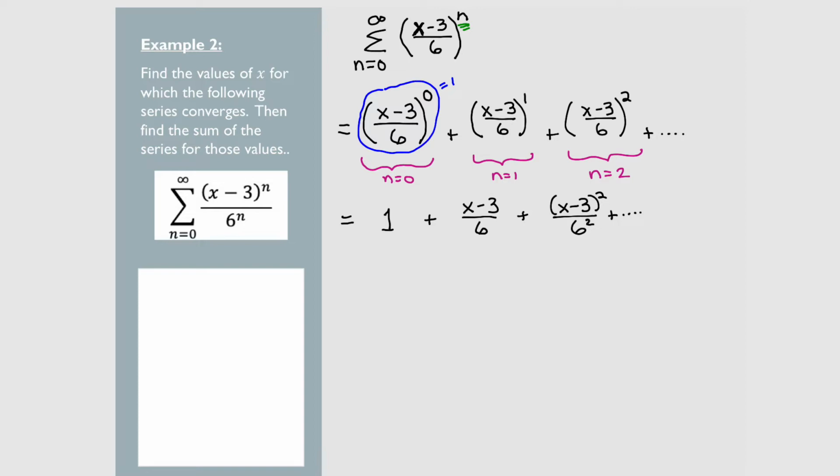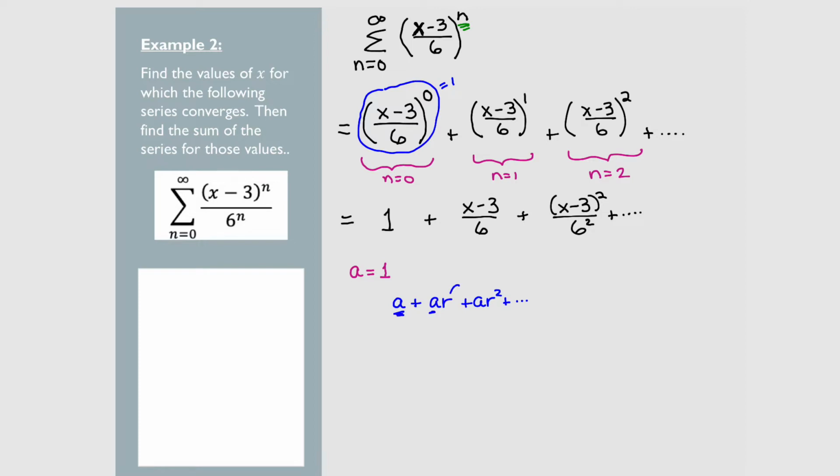So what's my a value? My a value, remember, is the first term in the geometric series, and so a is 1. And my r value, well, that's what I multiply by to get the next term in the series. Let me expand again. Remember, in a geometric series, it's a plus ar plus ar squared plus ... And I know my a value, that's 1.